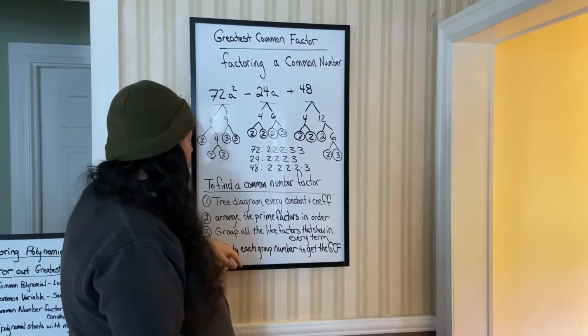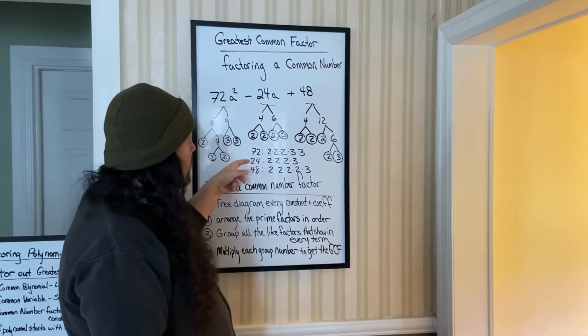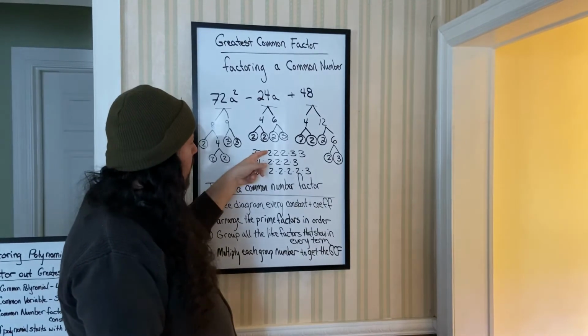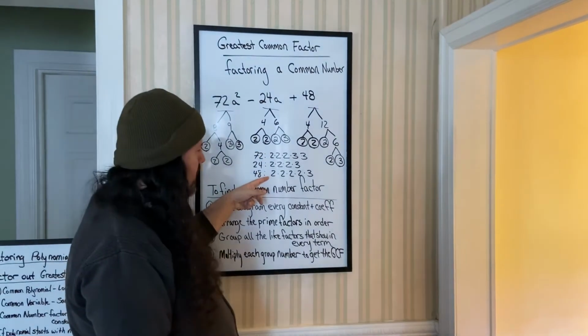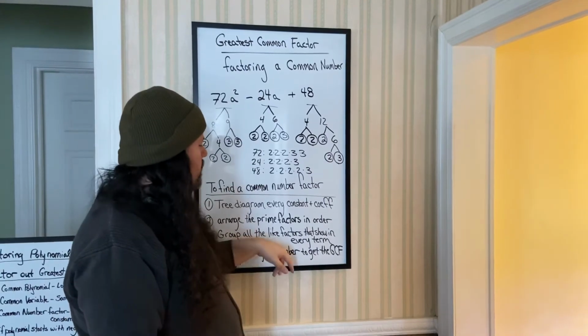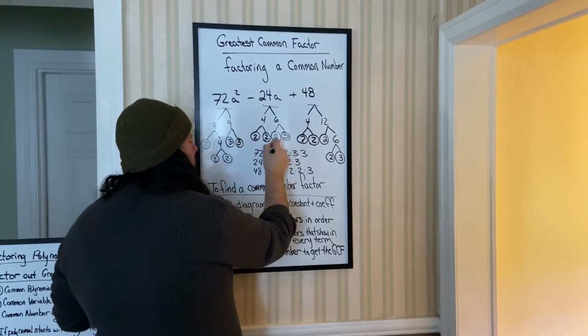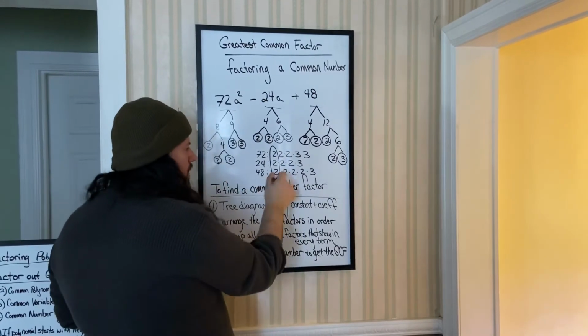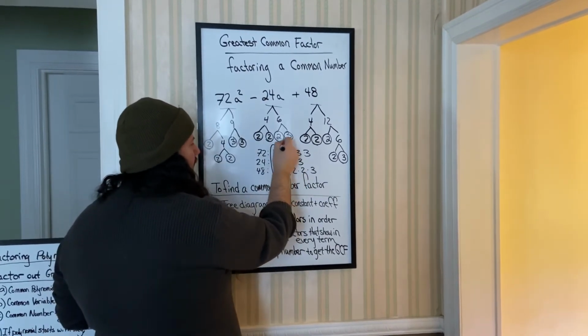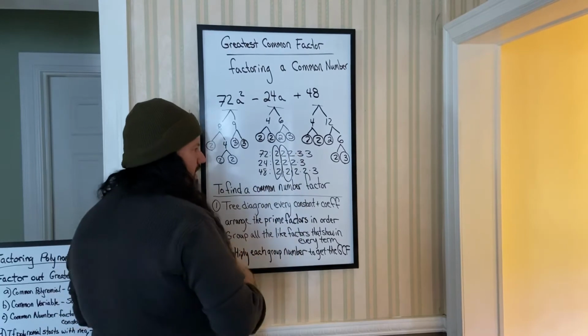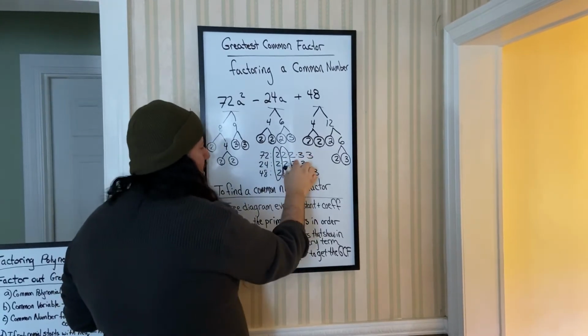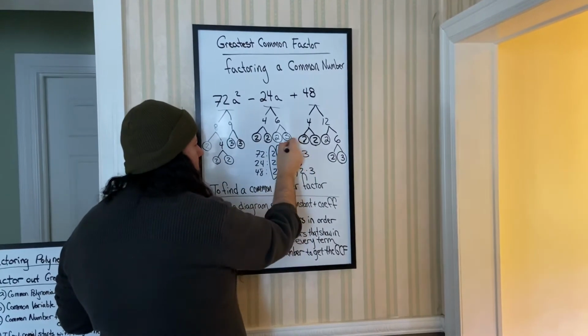And so whatever type of order you want them in, try to group them all together. The next thing that you want to do is notice that 72, 48, and 24, they all have the same number factor. So for each group, I circle them. So I see that they all have 1, 2 in common. But I also see that they all have a second 2 in common. But notice they all, each and every term, has a third 2 in common.